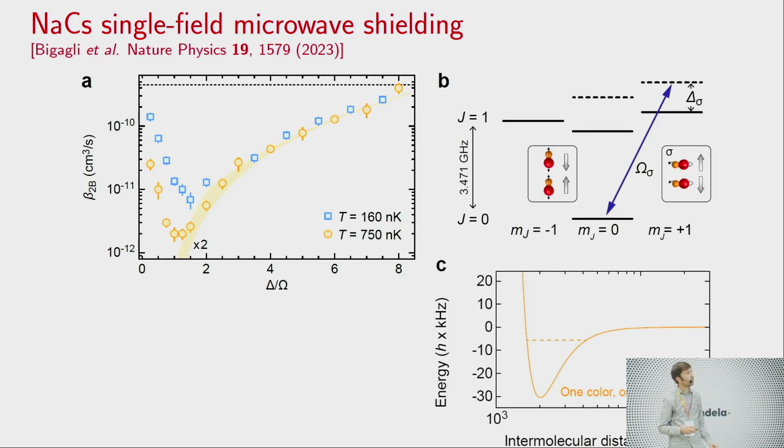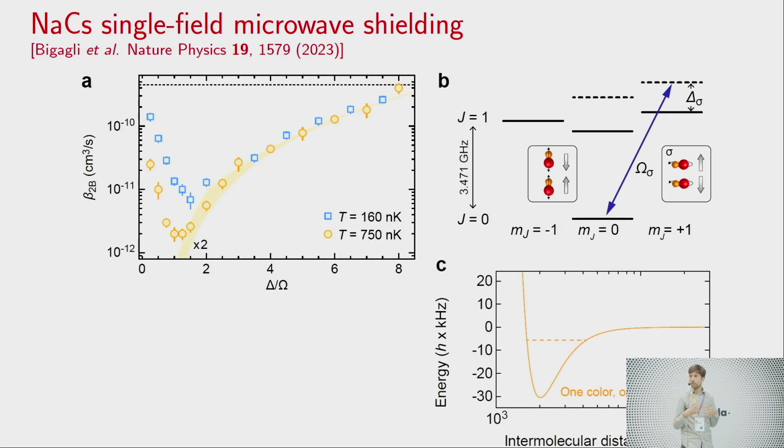So what's happening is that we're dressing molecules with this circularly polarized microwave field, which creates a repulsive potential at more than 1,000 Bohr radii separation. So this is really a huge shield around the molecule. But outside that shield, there are dipolar interactions, as Jeremy mentioned, and that causes this little potential well, which is very shallow, but it can actually support a bound state.